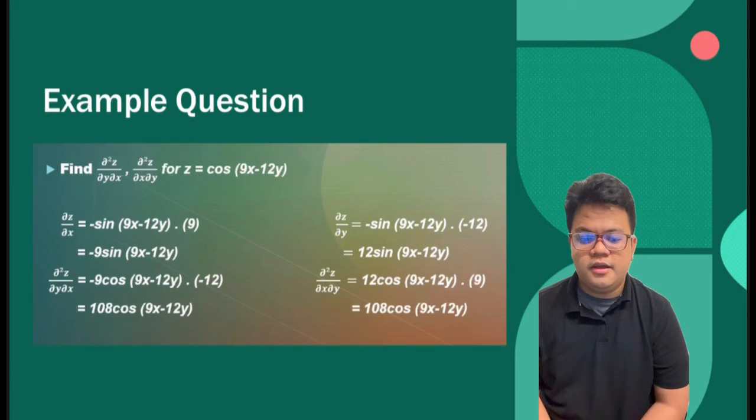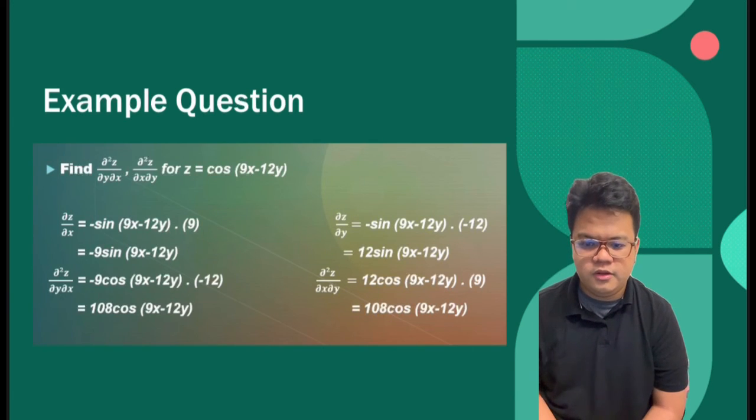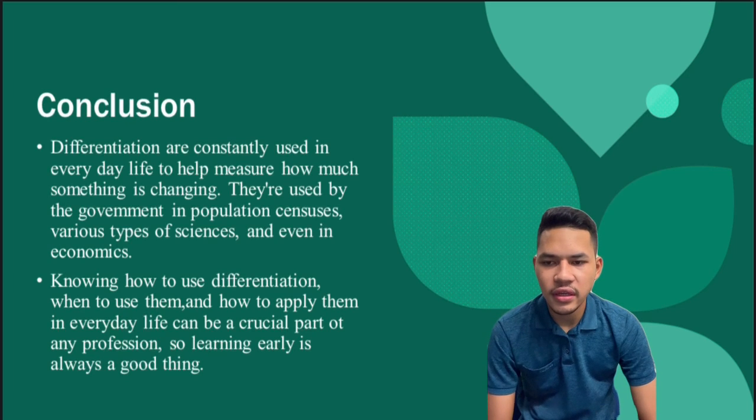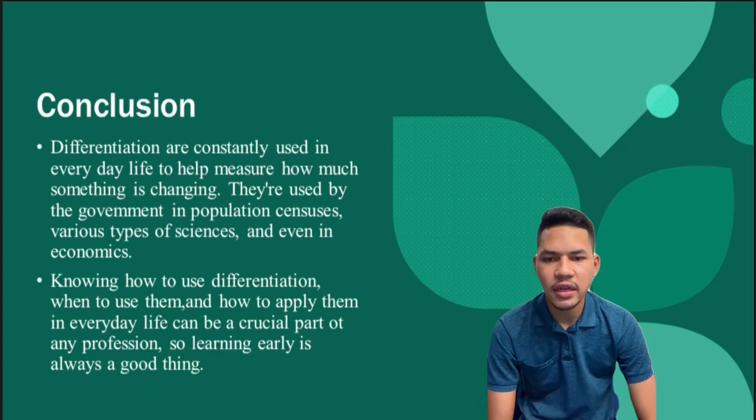And we multiply 9 by 12, which is equal to 108 cos(9x minus 12y). And we have the same result for the second order for both partial y partial x and partial x partial y.